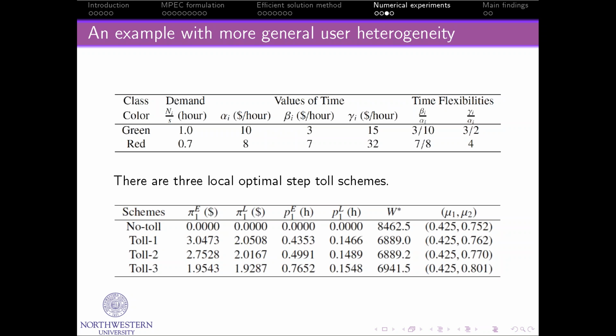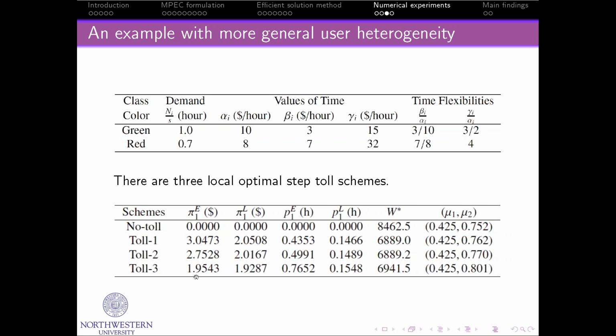Then we try an example with more user heterogeneity, and for this problem, using different starting points, different starting CMSRs, we can find 3 local optimal step-toll schemes. The first one and the second one look quite the same. It's just that the early toll periods changed a little.